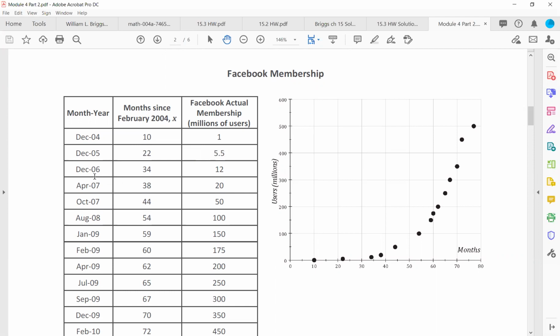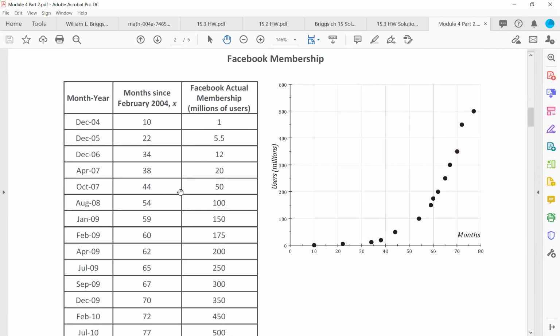Then the next row is December 2006. How many months since February 2004? It is 34 months. How many users? From 1 million users, you have 12 million users after 34 months. So as you can see, the scatter plot on the right-hand side shows an exponential model.